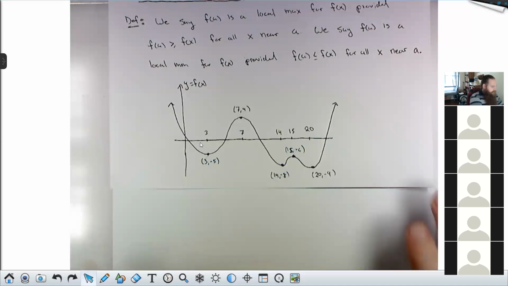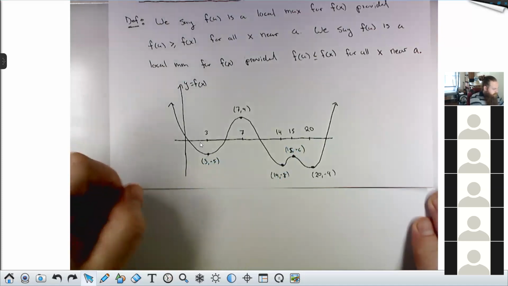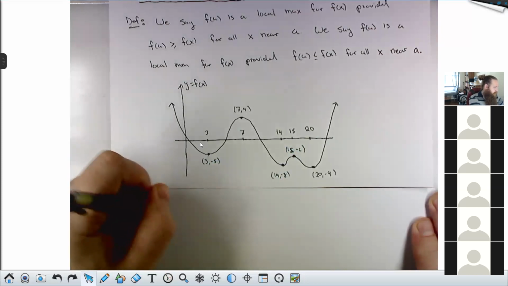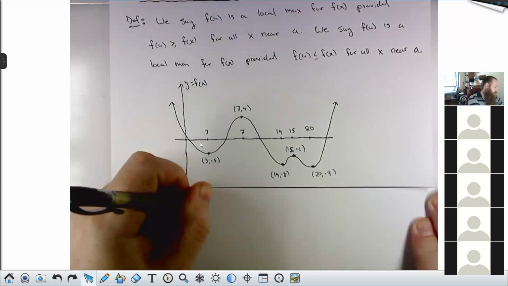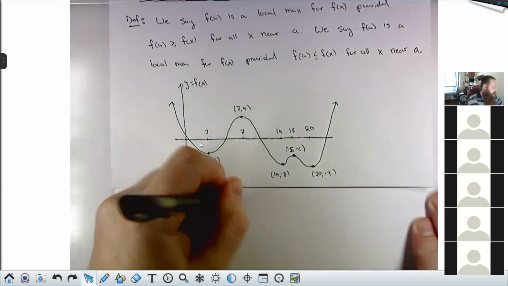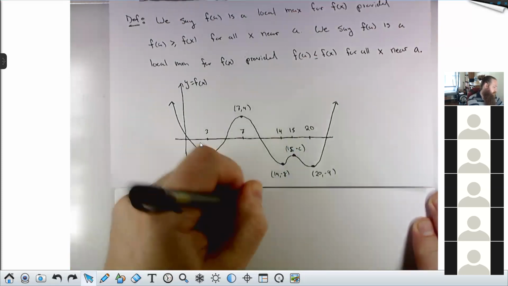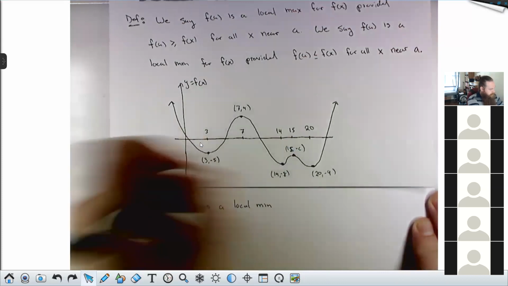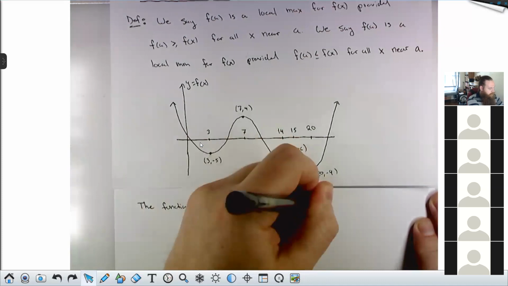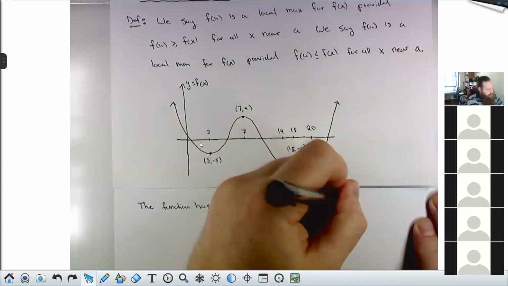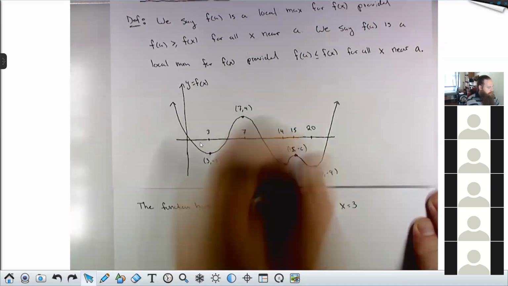So I would say that the function has a local min of -5 at x equals 3.